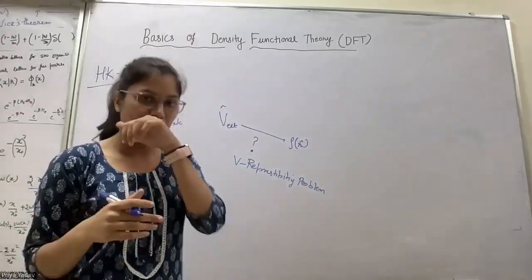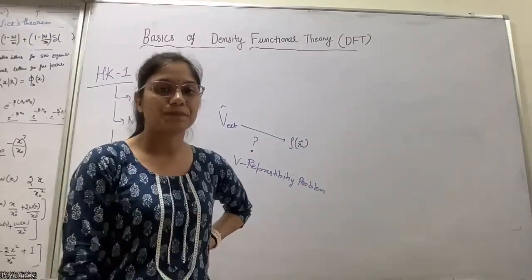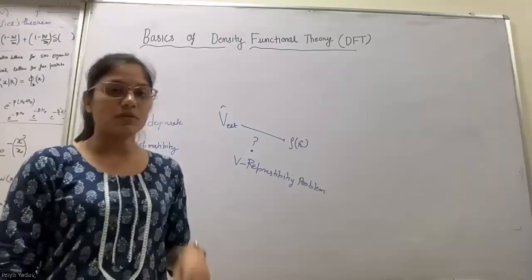The mapping is true, but if I have a density, let's say rho, I wouldn't know from which V external this rho is coming. We cannot analytically know or predict which V external the rho is coming from. The conditions are not known, but the mapping is true. Yes, correct.